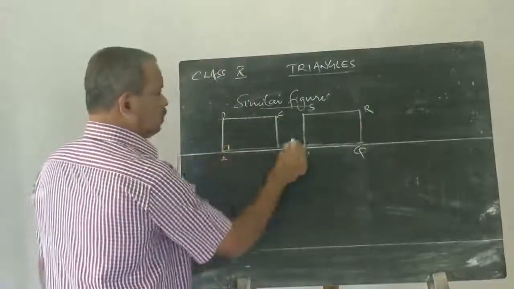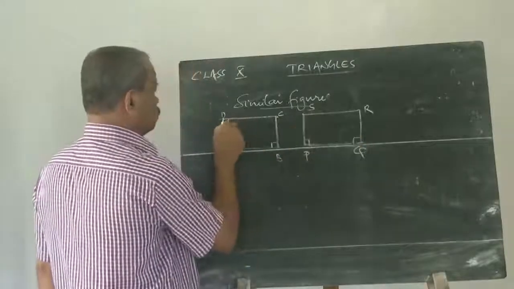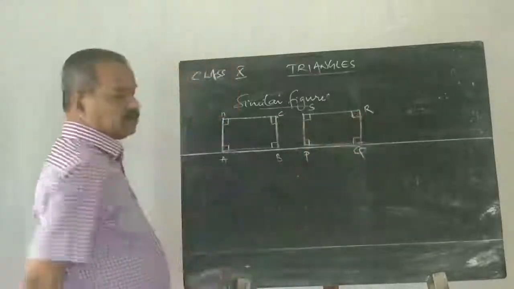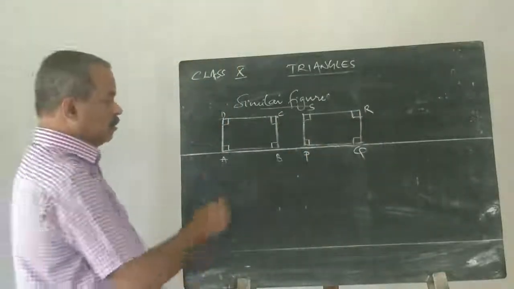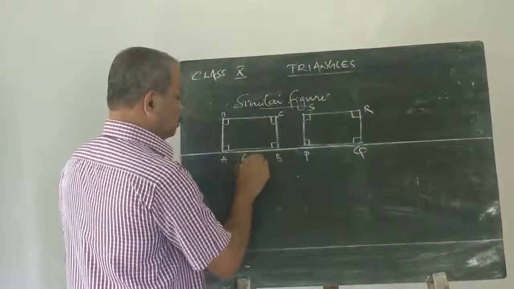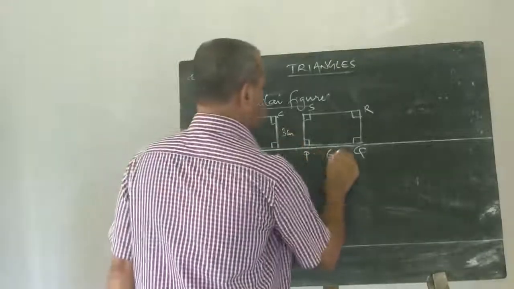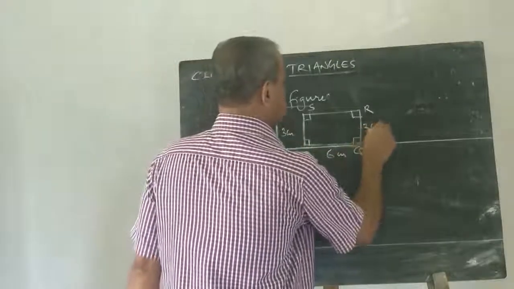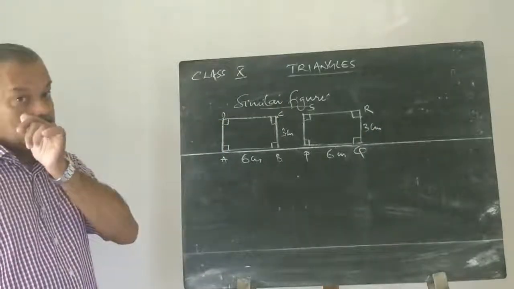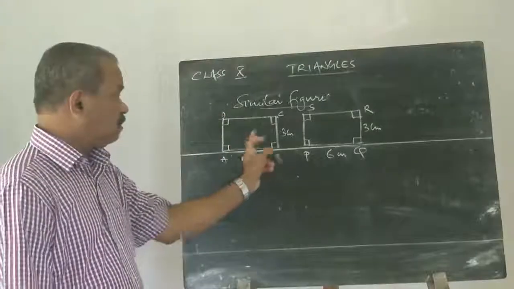All the angles are equal, 90 degrees. Suppose AB equals 6 centimeters and the other side 3 centimeters. PQ is 6 centimeters, and the other side 3 centimeters. So the opposite sides are parallel and equal. The remaining sides are 6 and 3. Now compare these two figures.